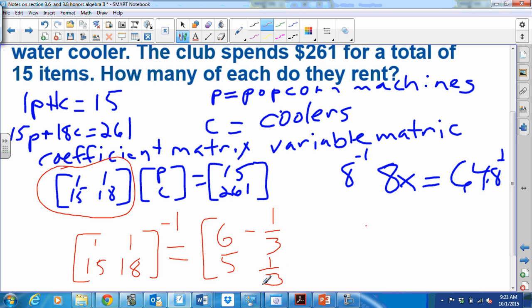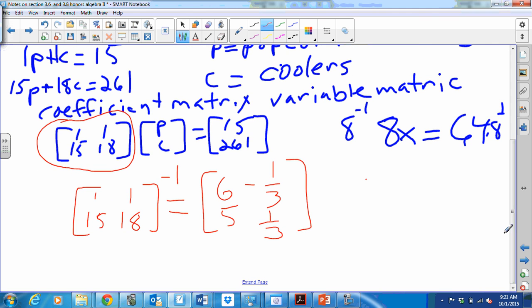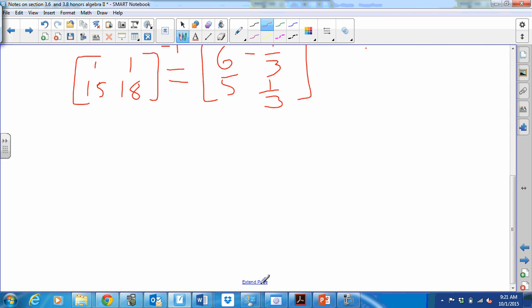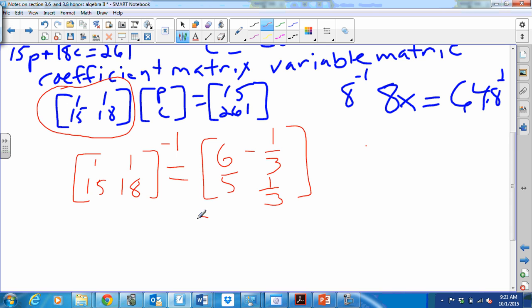So we're going to multiply over here. We have a 2 by 1. And so we want to multiply 15 over 261 by this matrix. That's a 2 by 1.